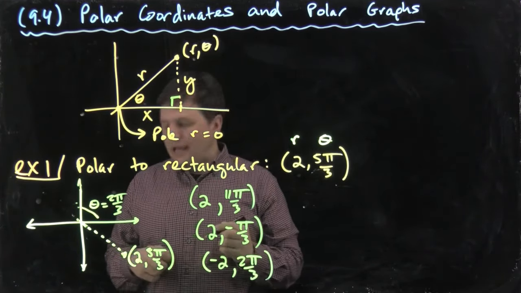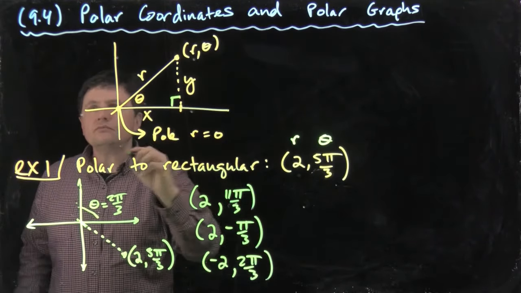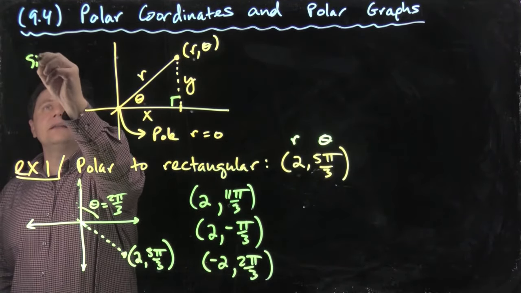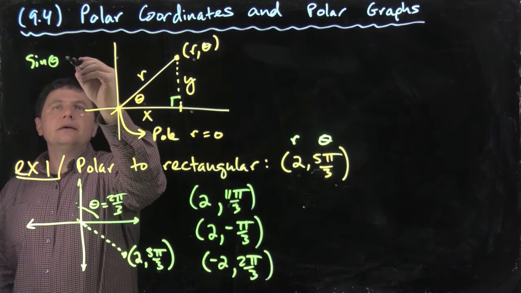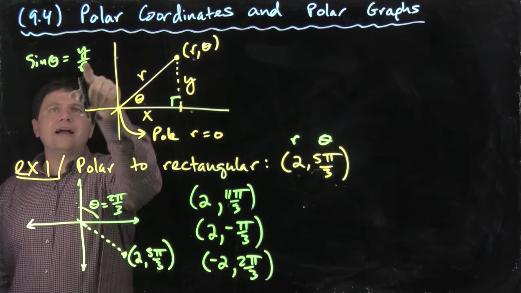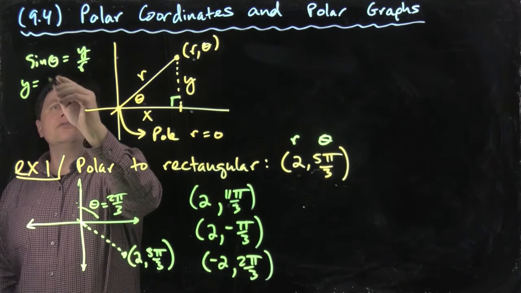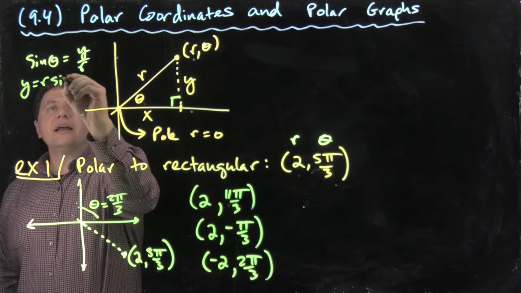So SOH-CAH-TOA, this will be sine of theta equals opposite over r. So if I want to find y in terms of theta and r, y is going to be r times sine of theta.